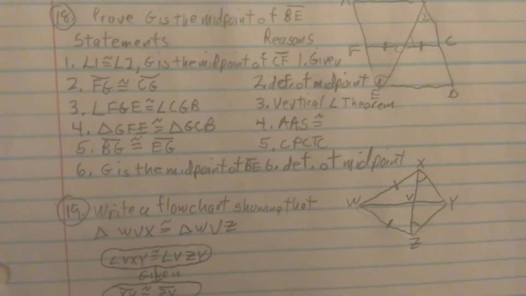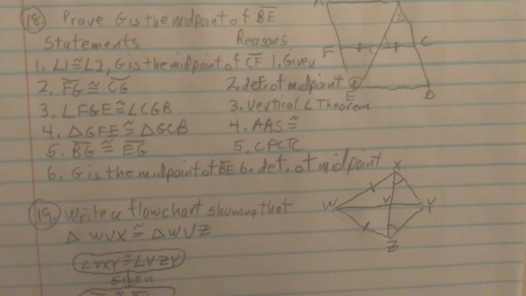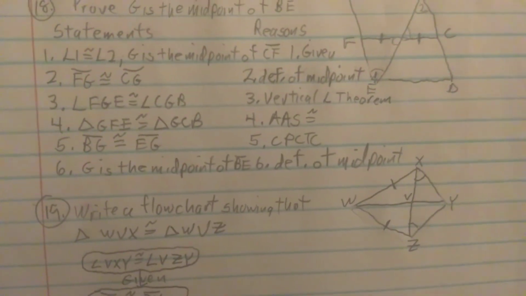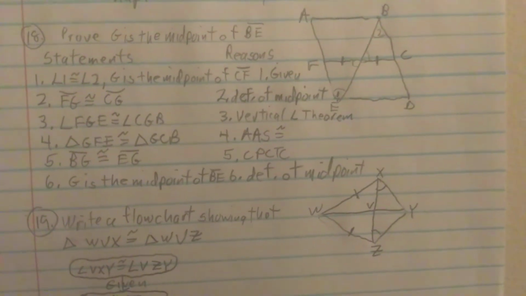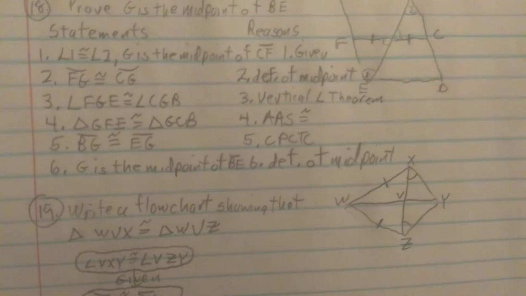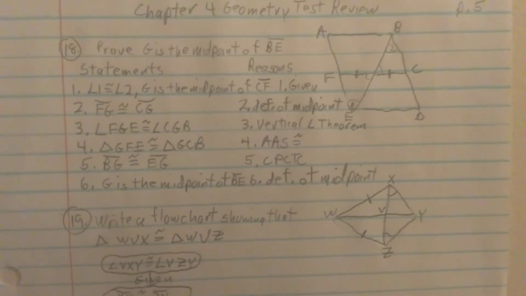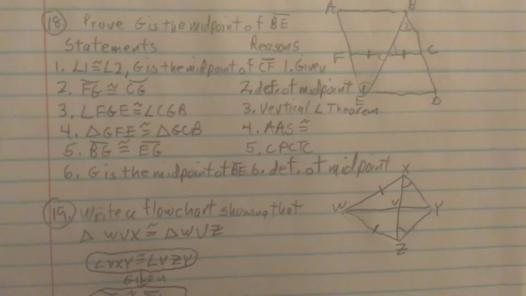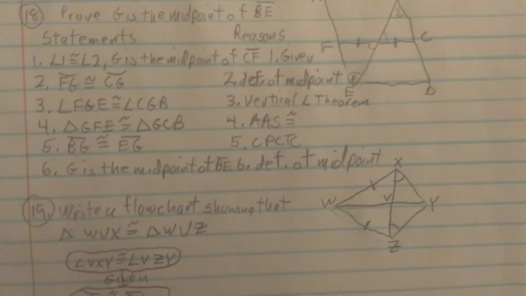Angle FGE is congruent to angle CGB by the vertical angle theorem as shown. And therefore that gives us enough to have triangle GFE congruent to triangle GCB by the two angles and the side, angle-angle side congruence. And therefore BG is congruent to EG by corresponding parts of congruent triangles are congruent. And that allows us to say that G is the midpoint of BE by definition of midpoint.